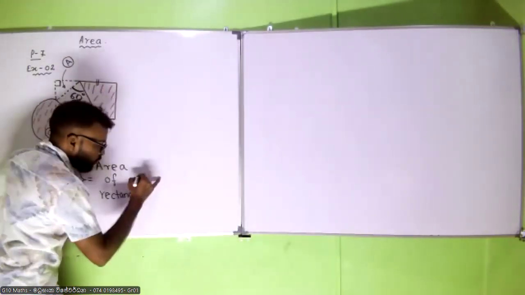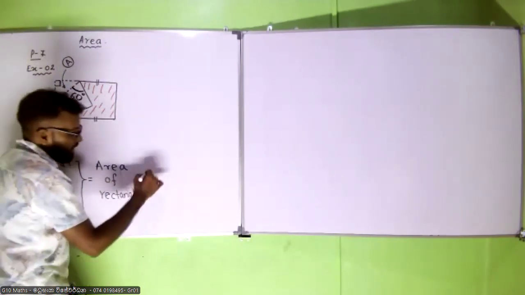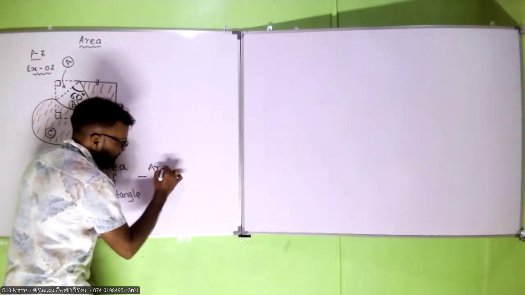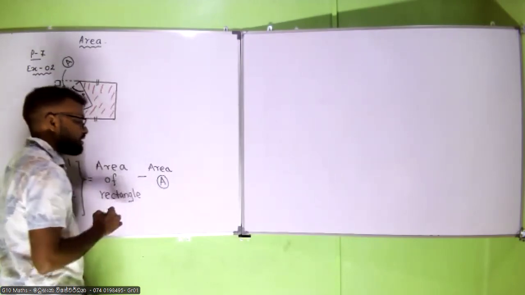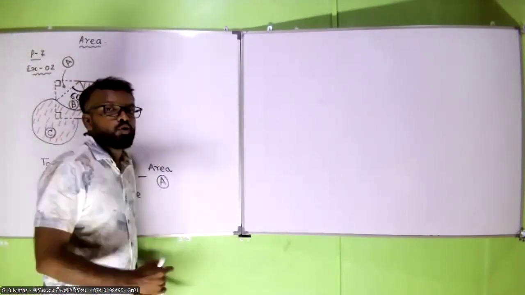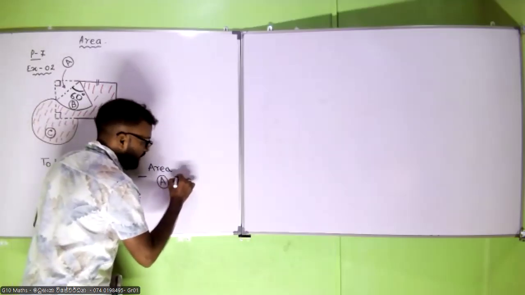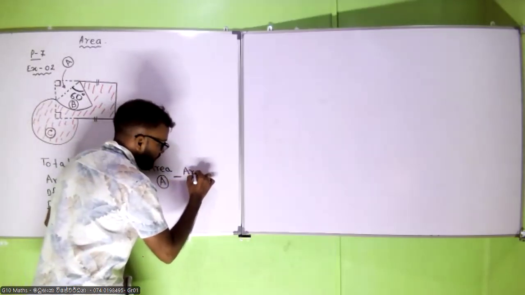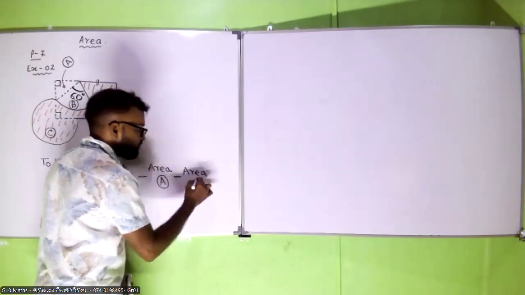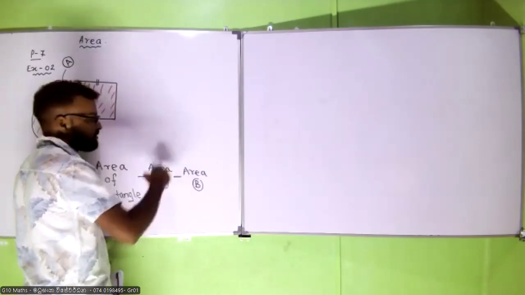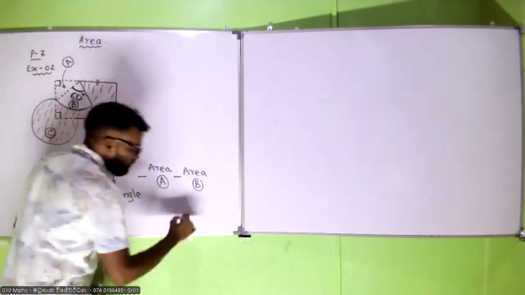Then you are going to subtract area of A, and at the same time subtract area of B as well. And to this, I am going to add area of C.